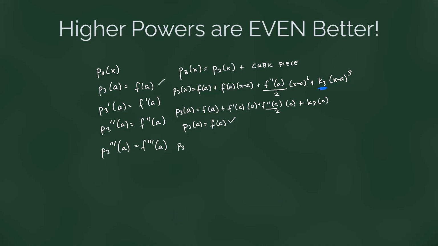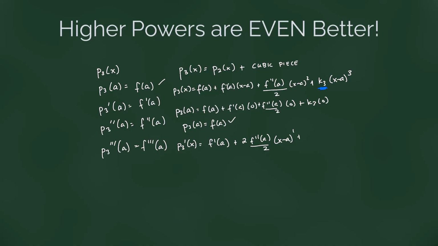p3 prime of x is going to be, f of a is constant, so its derivative is 0. Then moving on to the second term, we take the derivative, we get f prime of a. Then we'll take the derivative of the next piece, we'll get 2 f double prime of a over 2 times x minus a to the first.